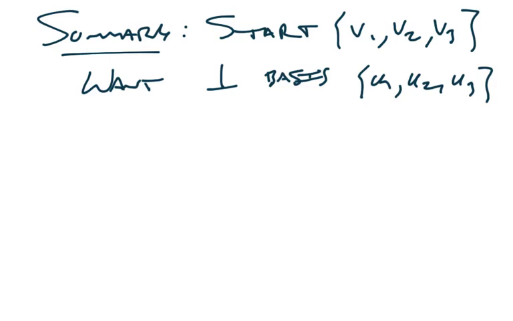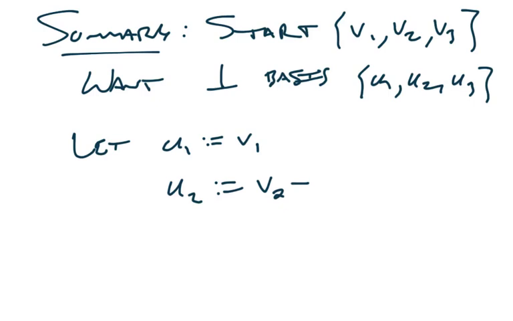So we start with a non-orthogonal basis, V1, V2, V3. We want to generate an orthogonal basis, U1, U2, U3. All right, so we let U1 be V1, let U2 be V2 minus its projection onto U1.